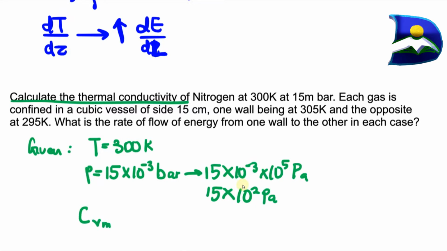Take note that the heat capacity of this system has to be taken at constant volume. So our heat capacity of nitrogen, when you look at it on the table, is around 20.6, measured in joules per kelvin per mole.